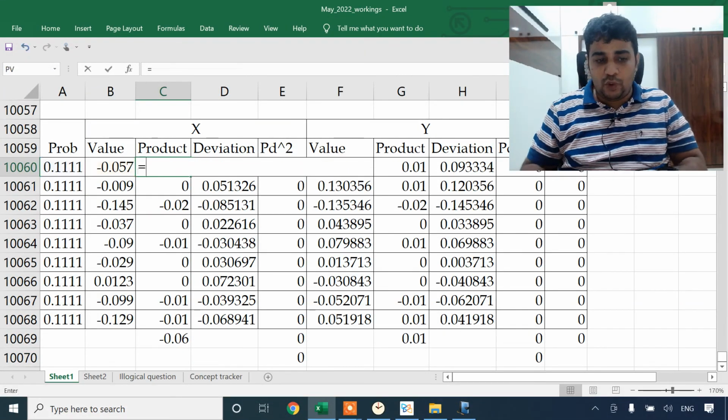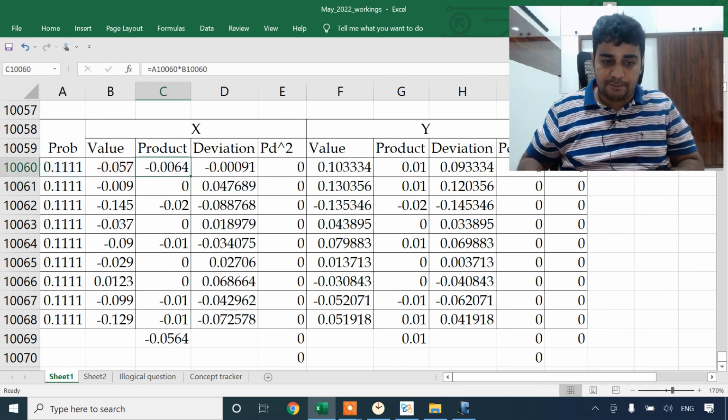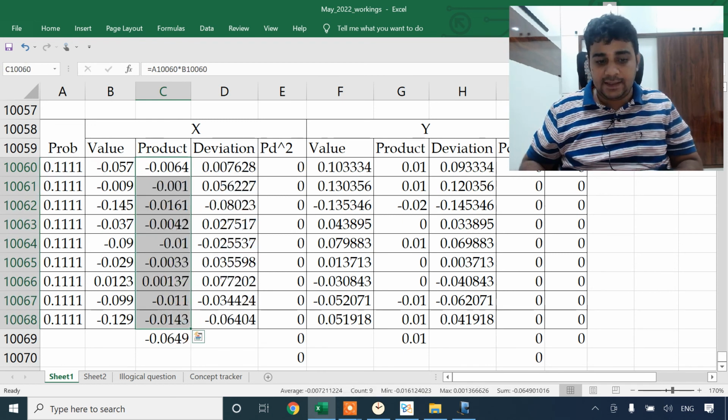I will remove the rounding off now, because rounding off can have a bigger impact in this kind of problem.